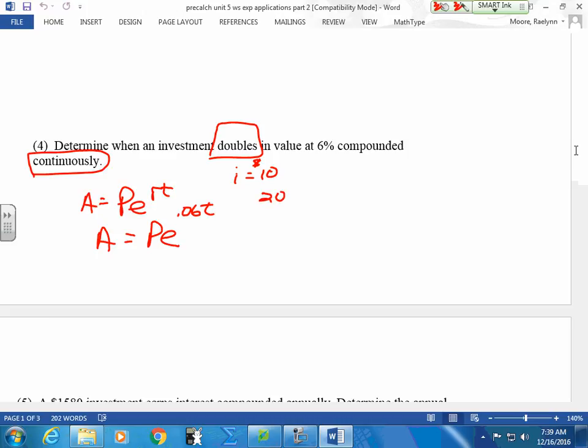What's A? 20. What's P? 10. Okay, so this exponent belongs right here, right? If I invested $200, when I double, what would I be? I would be 400.